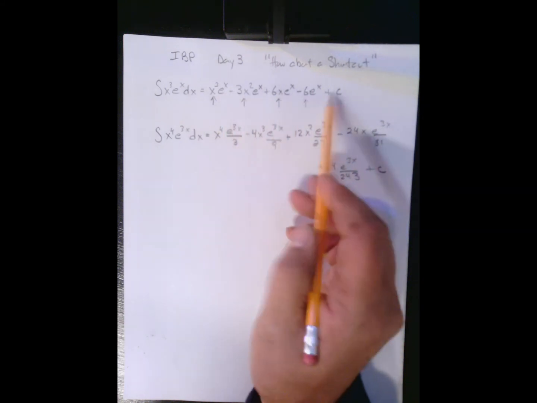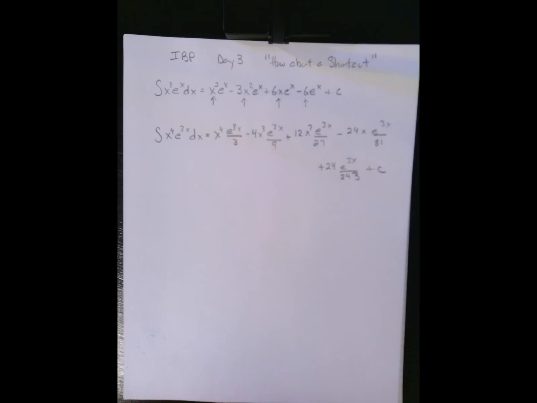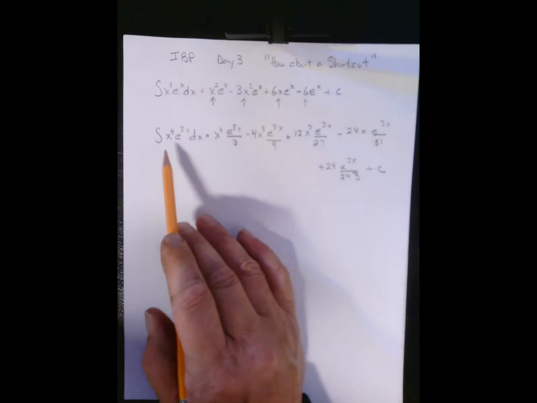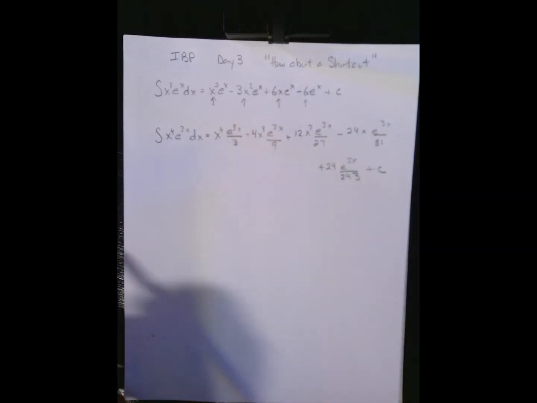So we have successive derivatives appearing in the solution here, the evaluation of the integral. So it looks like there's a bit of a pattern there, and I did this slightly longer integration by parts problem. And I did it using the method of integration by parts, inside of integration by parts, inside of integration by parts.